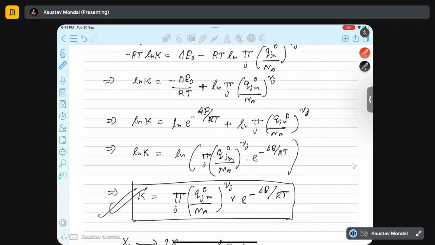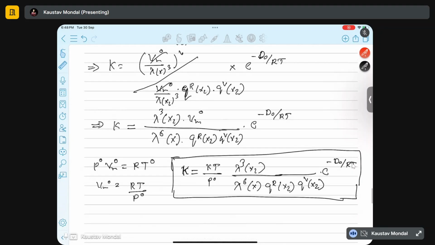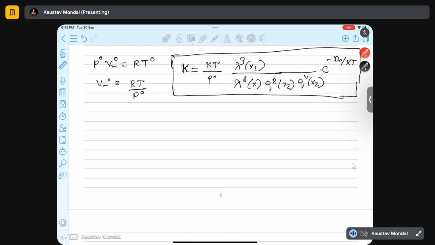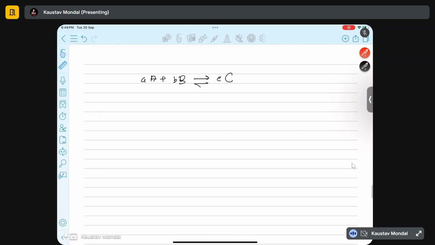Now this is a very small, very basic problem that we discussed. Now let's take a bit more complicated case, where the typical form of the reaction we will take looks like cA plus bB is in equilibrium with cC. For this kind of equation, the expression of K remains the same.